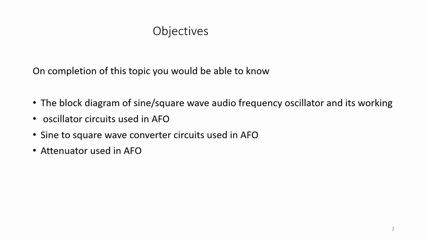It generates a sine wave as well as a square wave depending upon the switch position. Next, how it converts sine wave to square waves. Next, what is the attenuator used in AFO to get different amplitudes of the waveform.